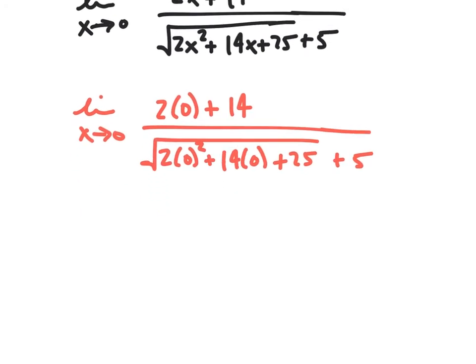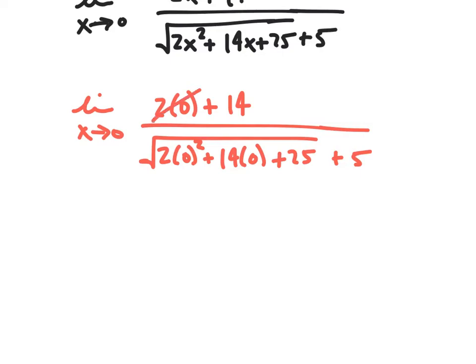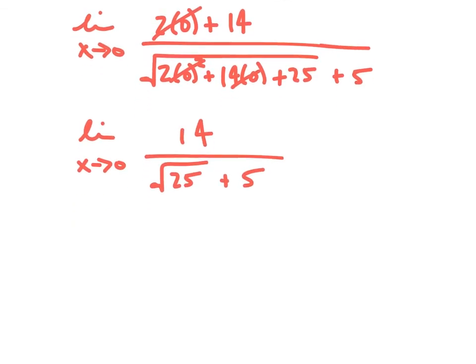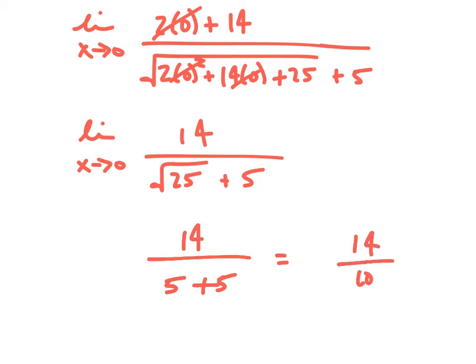At this point, all the terms that have 0 are just going to become 0. So the limit as x approaches 0 of this is going to be 14 over the square root of 25 plus 5. Okay, and we can just evaluate that. That's going to give us 14 over 5 plus 5, which gives us 14 over 10, which can be simplified to 7/5. Okay, and that's our answer on that.